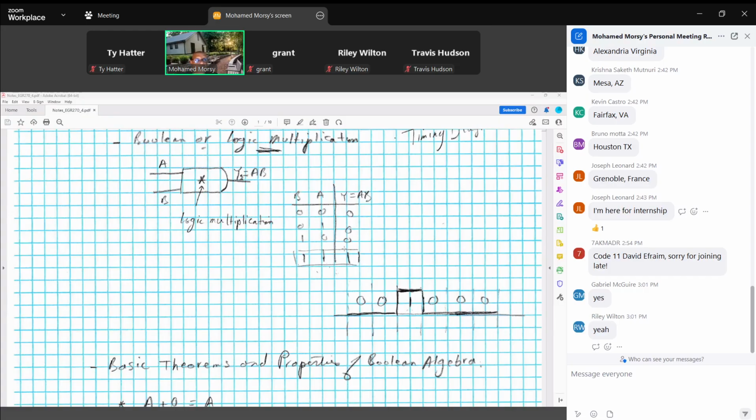Other than this, for all other combinations, the output is 0, because we mentioned this is multiplication. When you multiply 1 by 0 it is 0, or 0 by 1 is 0. So the output is 1 only if both of them are ones.